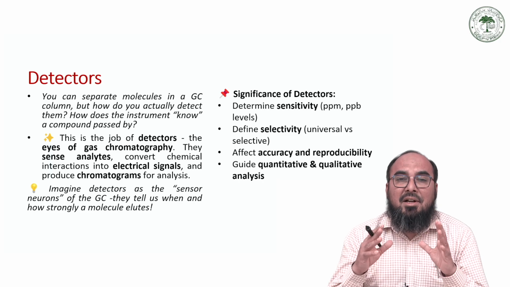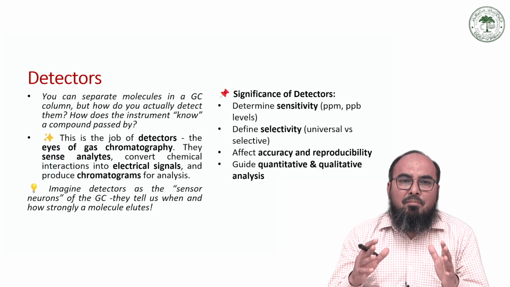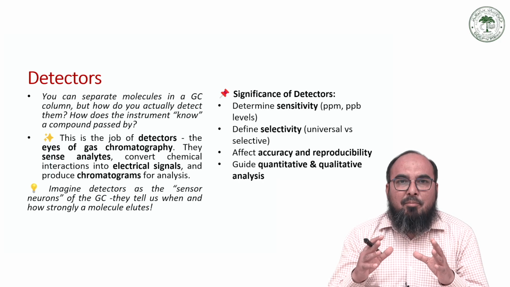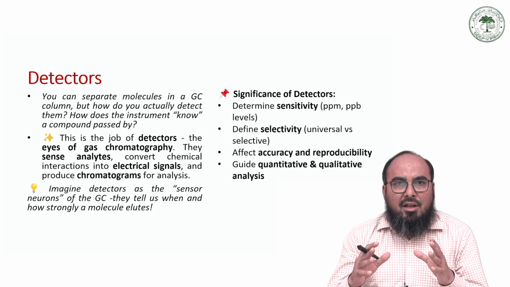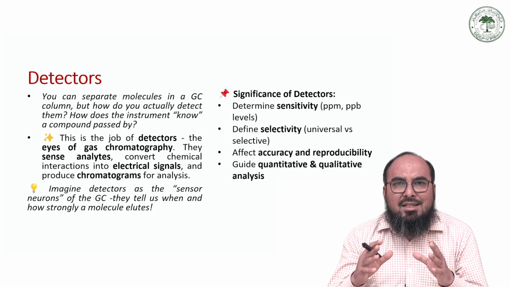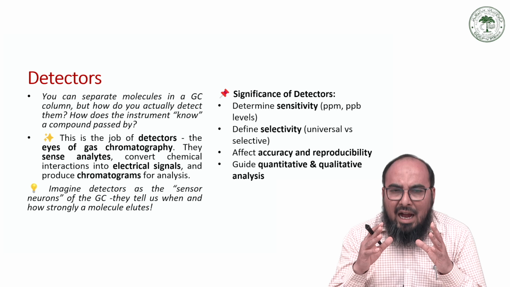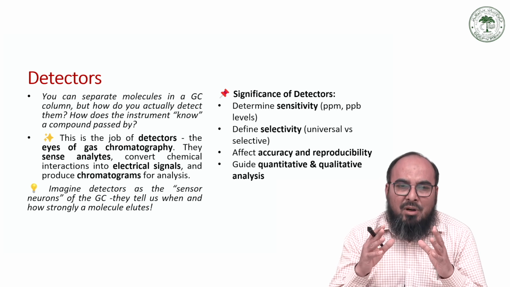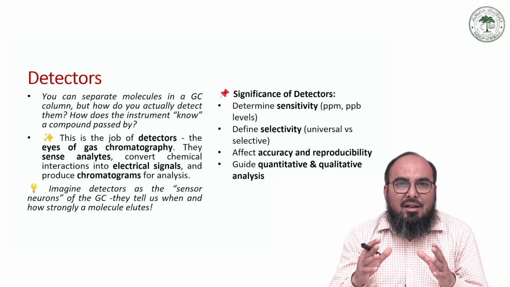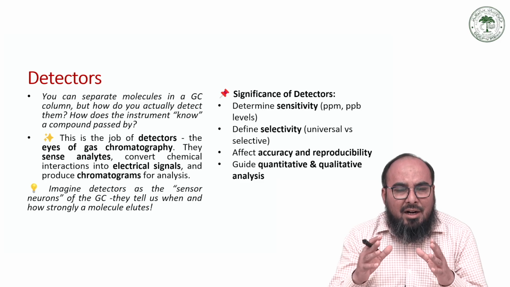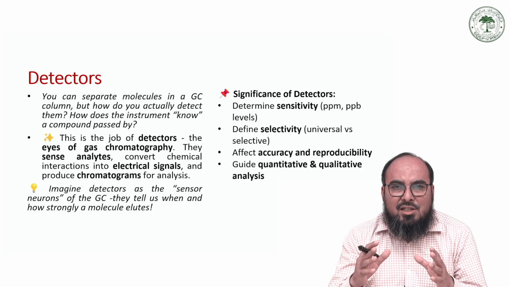In simple words, the importance of the detector in any gas chromatograph is as vital as the eyes in the human body. So simply, detectors may be regarded as the eyes of the gas chromatograph.